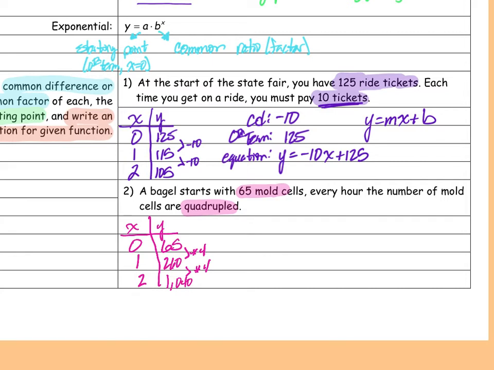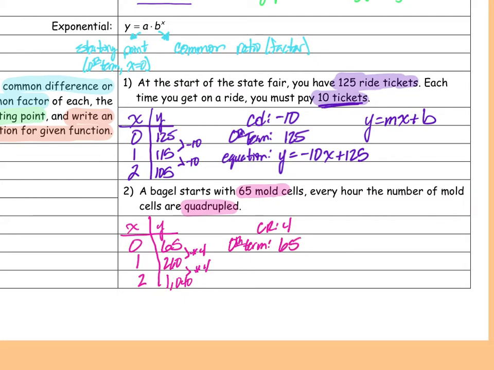Imagine after a couple hours, how many mold cells. Oh, gross. But I have all the information on my table that I need to write my equation. So this is a common ratio of 4, and my 0th term is 65.